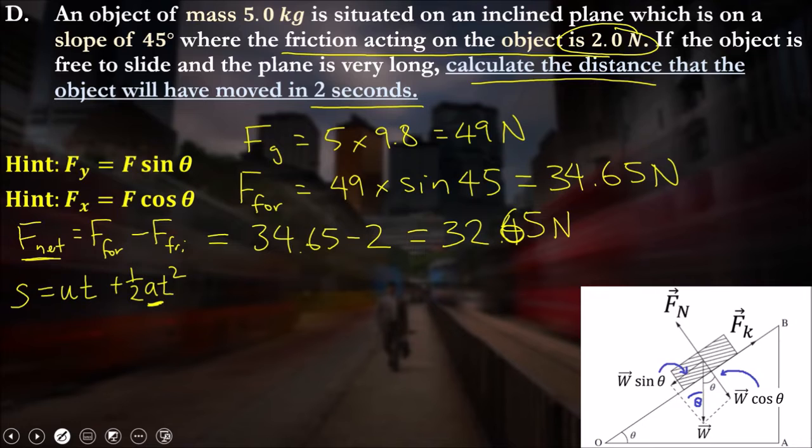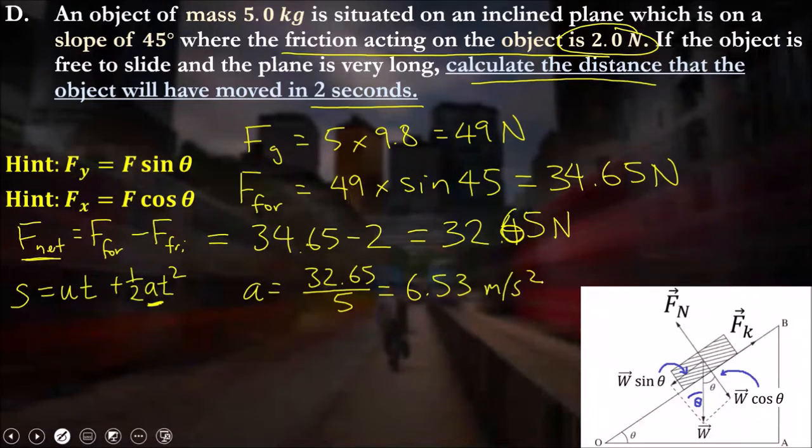Okay. Acceleration would therefore be 32.65 over 5, because that's our mass. We'd have an acceleration of 6.53 meters per second squared.